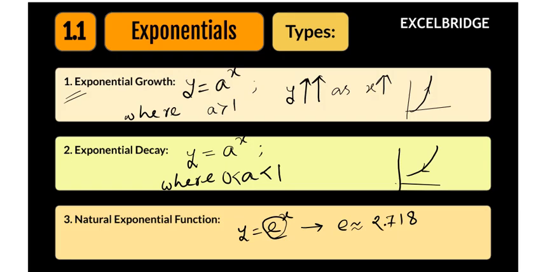So the natural exponential function is defined as y equals e power x, and it is common in science and financial uses.